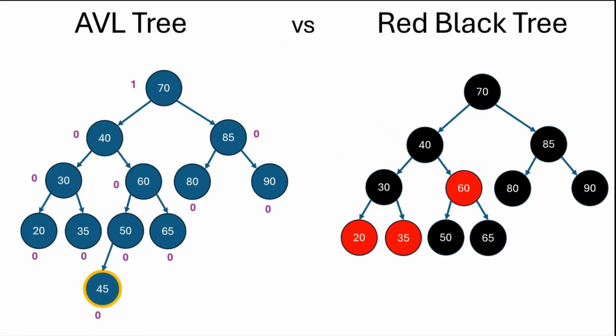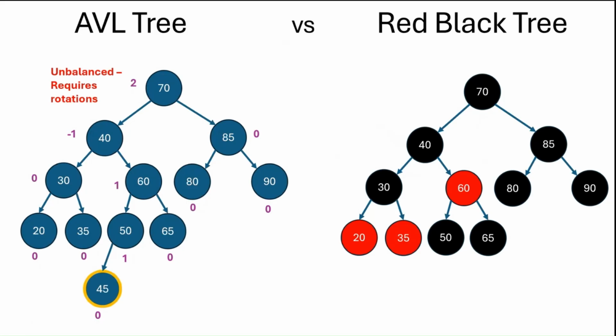For a new node, the balance factor is 0. If we insert 45, the balance factor will change upstream, and we can see the tree becomes unbalanced at 70, because the AVL tree expects the balance factor to be 0, 1 or minus 1. Now it is greater than 1. That's why it is unbalanced.